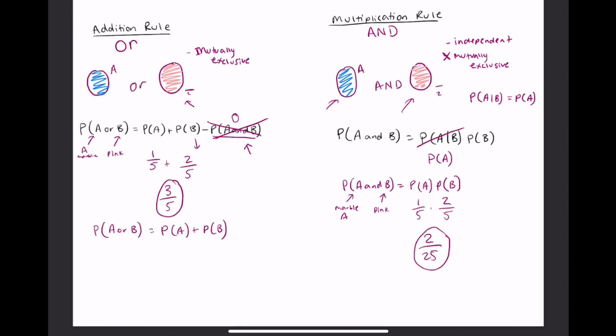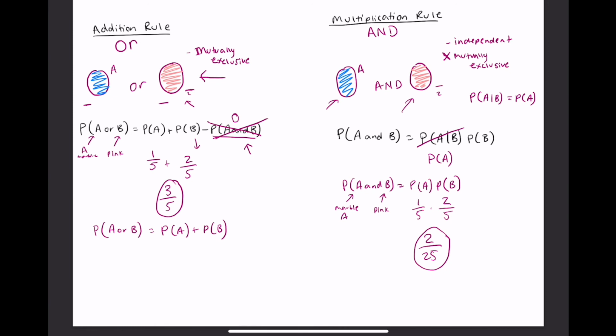And if we're comparing the addition and multiplication rule, we see that when you have or, you are increasing your options of what is considered acceptable. For example, here, it is considered a success for me to pull out either marble A or either of the two pink marbles.